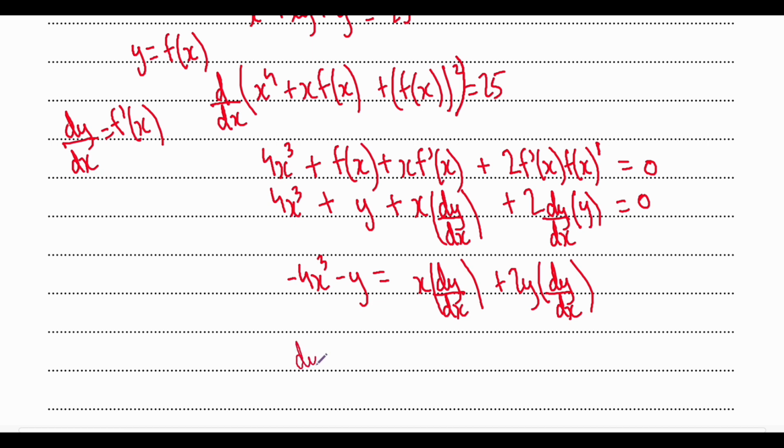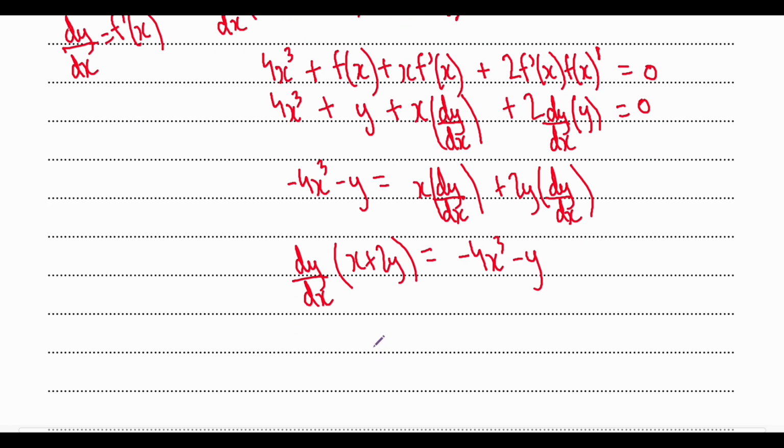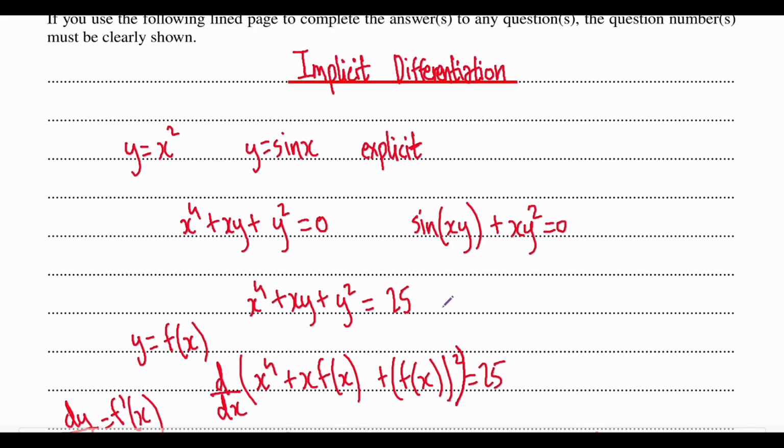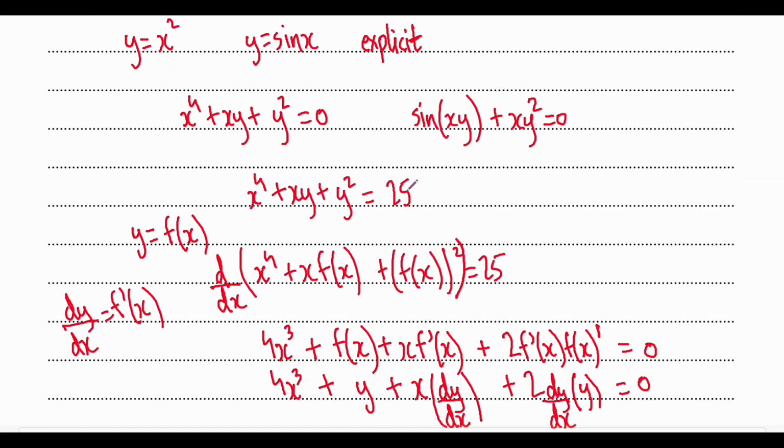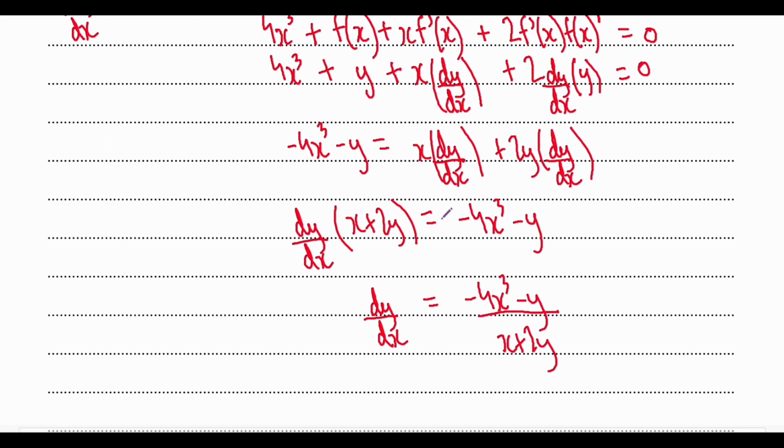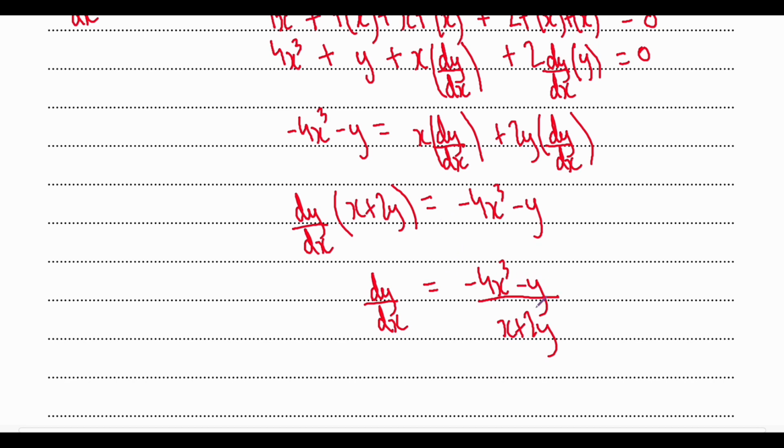So you're left with dy by dx times x plus 2y is equal to minus 4x cubed minus y. And now you can just divide both sides by x plus 2y, and you're left with dy by dx is equal to minus 4x cubed minus y divided by x plus 2y. And that is your dy by dx. Of course, it's in terms of x and y, because our original function was in terms of x and y. So it's going to be pretty standard that you get the derivative in terms of x and y as well.